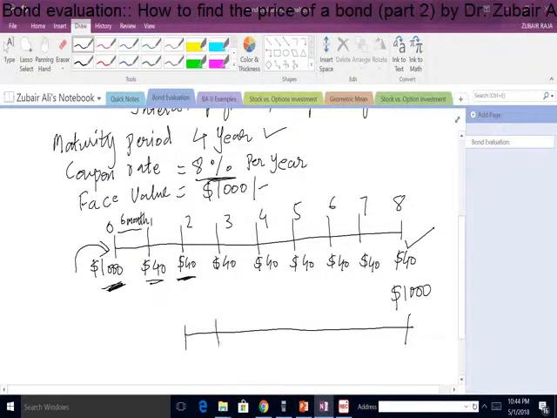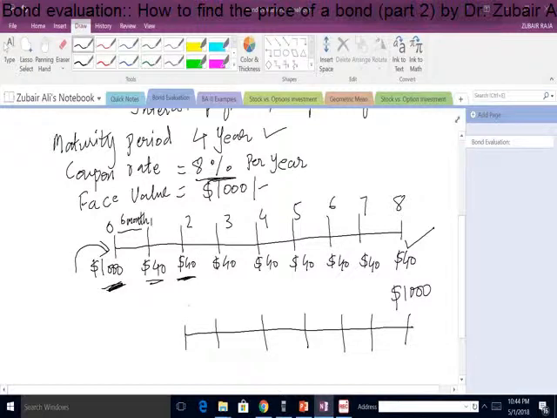So 1st period, 2nd period, 3rd six-month period, 4th six-month period, 5th six-month period. Unfortunately I was not able to draw it right. Let's do it relatively better, just match it equally like this, right?